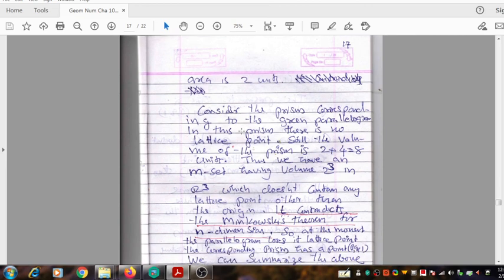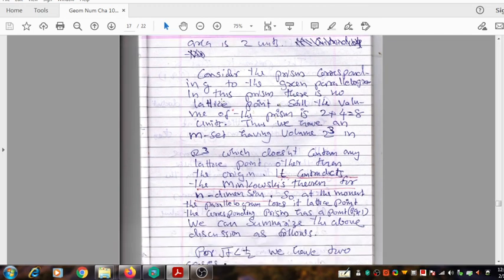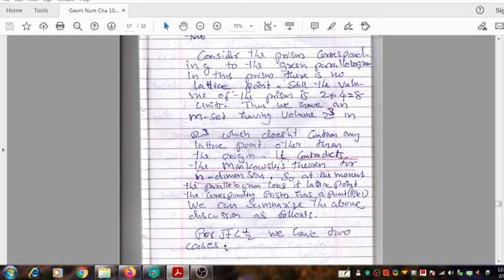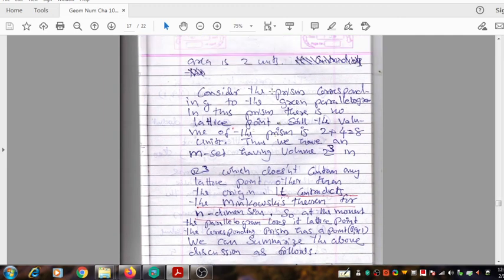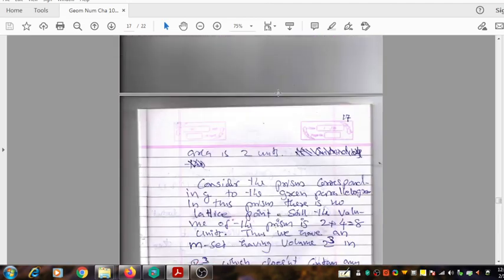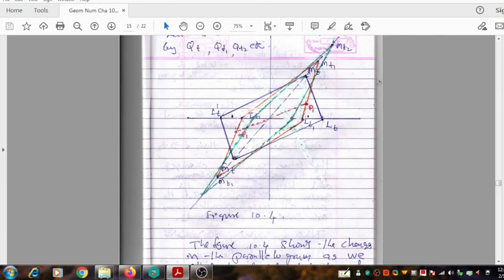So see, this is then 2 units. Its area is mentioned here, 2 units. Now considering the prism, we are going back to the case of the prism, considering all of these parallelograms.